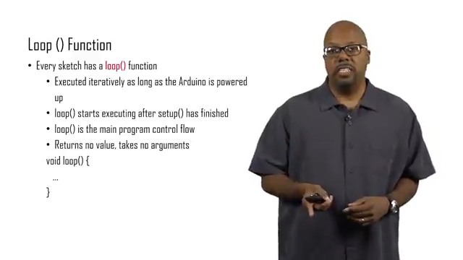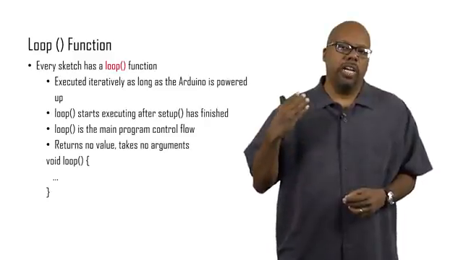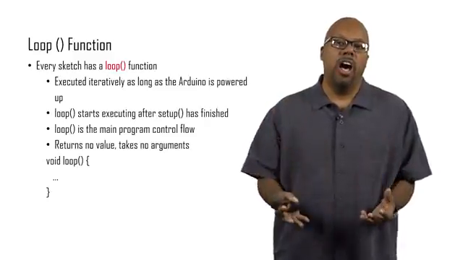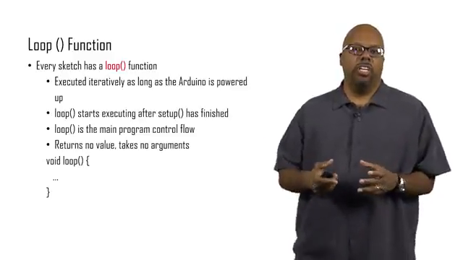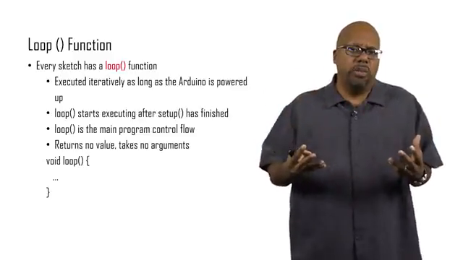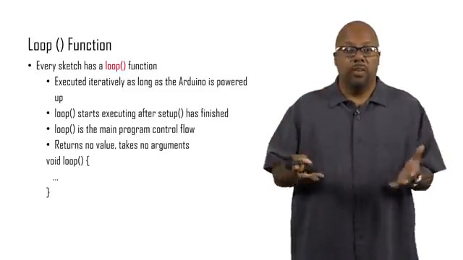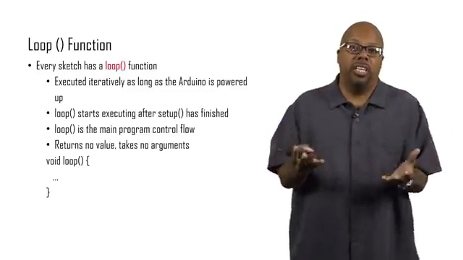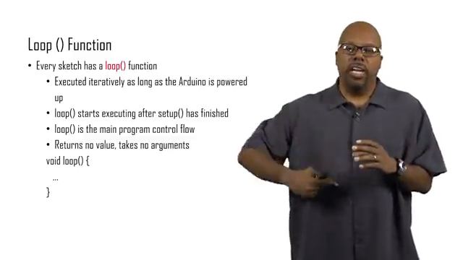An embedded system, or an IoT device, which is an embedded system, has to be always operating as long as it is powered on. Imagine if I made a digital camera, and I press a button and it executes some code to take a picture, and then it completes and my camera is off and I can't do anything else. That's not what you want. You want it to constantly be waiting for input.